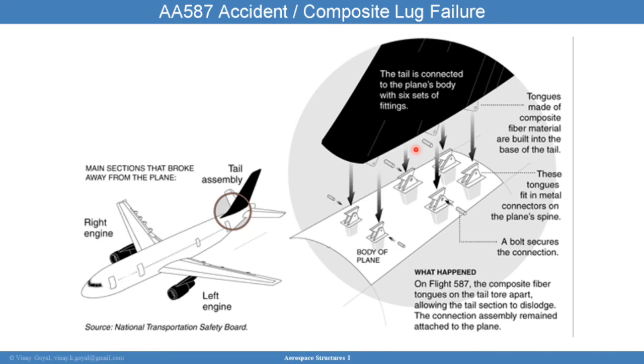So while the vertical stabilizer was determined to be consistent with design specification, it is something to keep in mind that there was failure here, and the design did allow it.